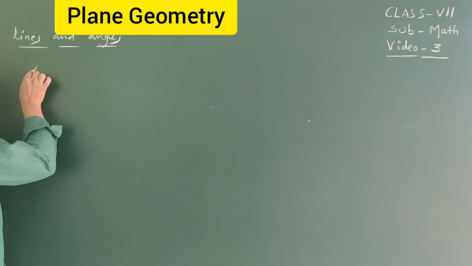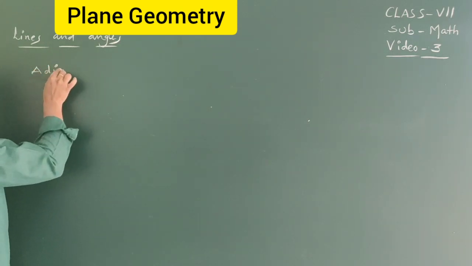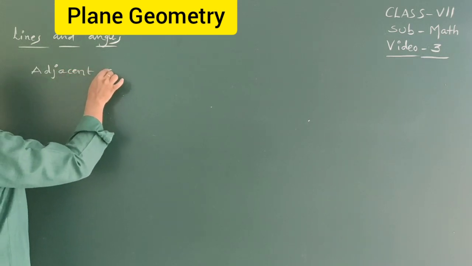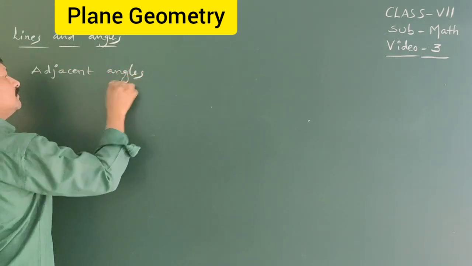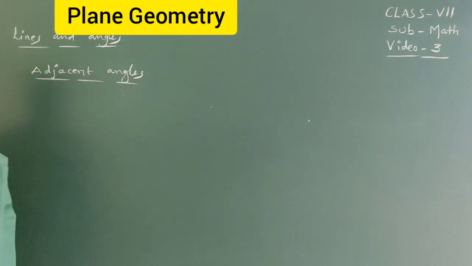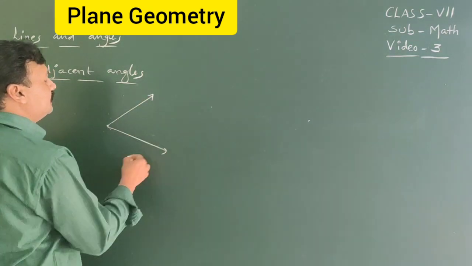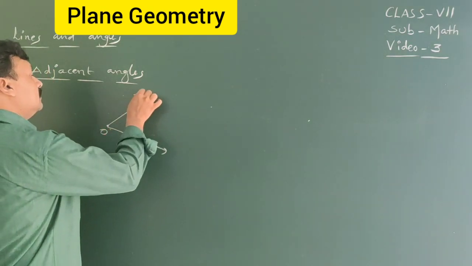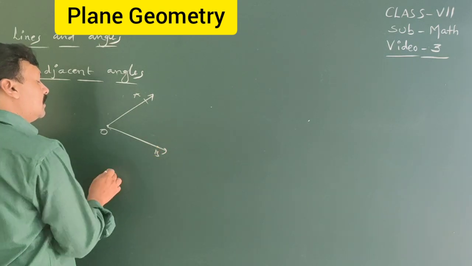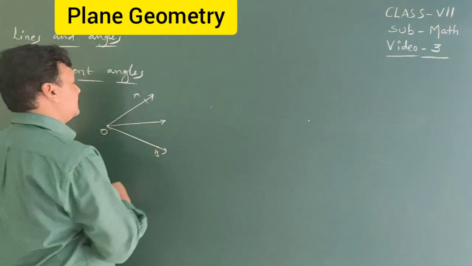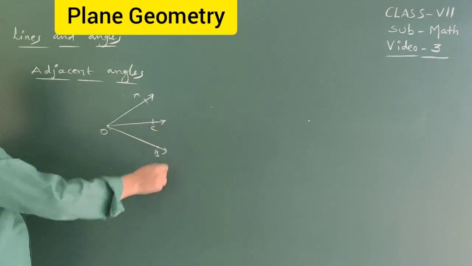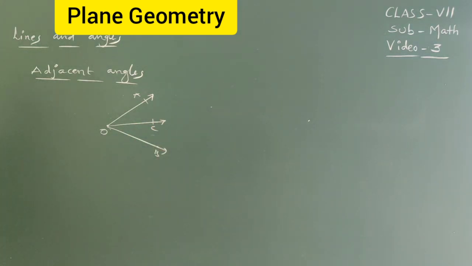Next, adjacent angles. Two angles are said to be adjacent if and only if they have a common arm and common vertex.